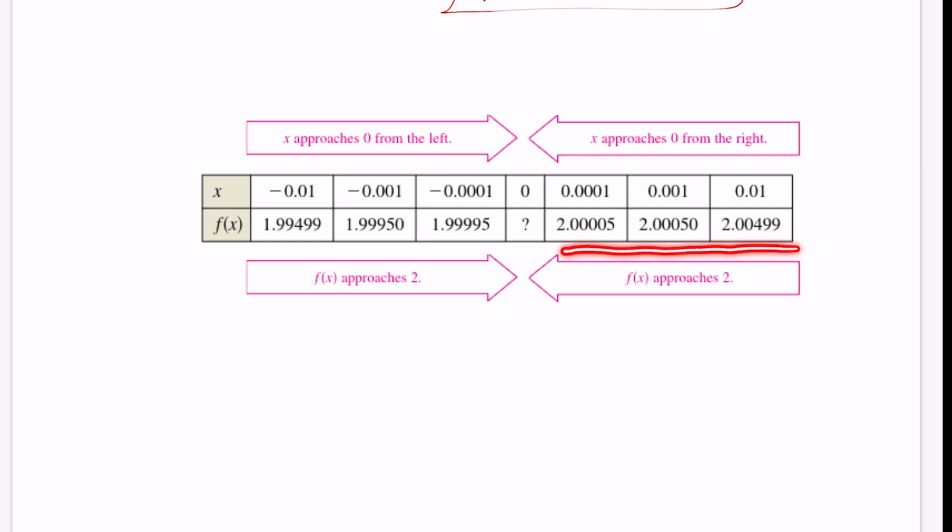Now let's consider the right-hand side. As I approach 0 from the right-hand side, again, you see that these values are gradually approximating 2. So that tells us that as we approach 0 from the right, our value is 2. Even though when we substitute 0 directly we get an undefined value, the limit still exists.